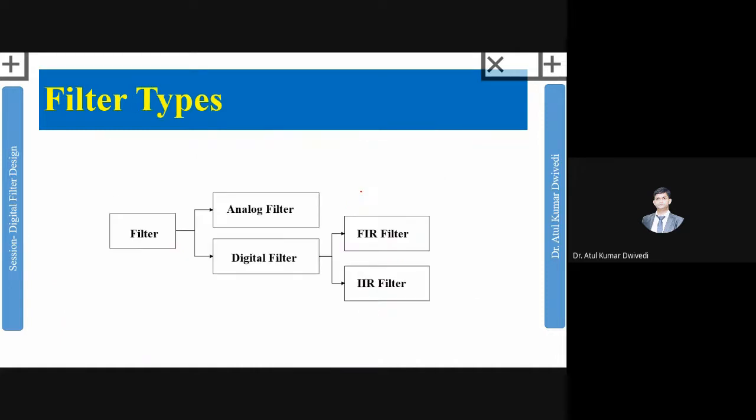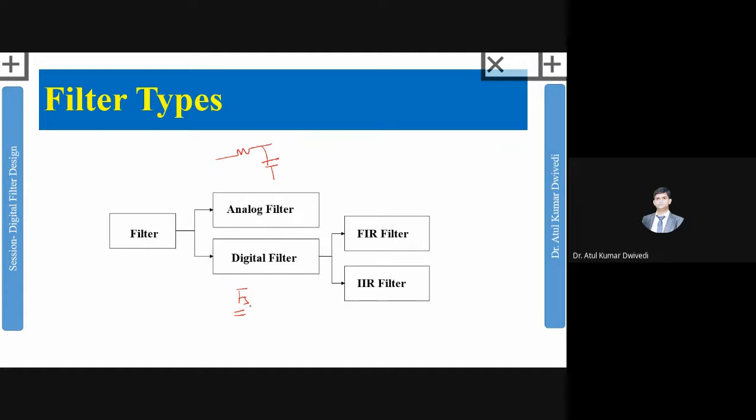These specifications are for digital filters. Filters can be analog filters, passive filters, RC kind of filters, or digital filters. Digital filters are better because they are reconfigurable. They work on software as well as on hardware.